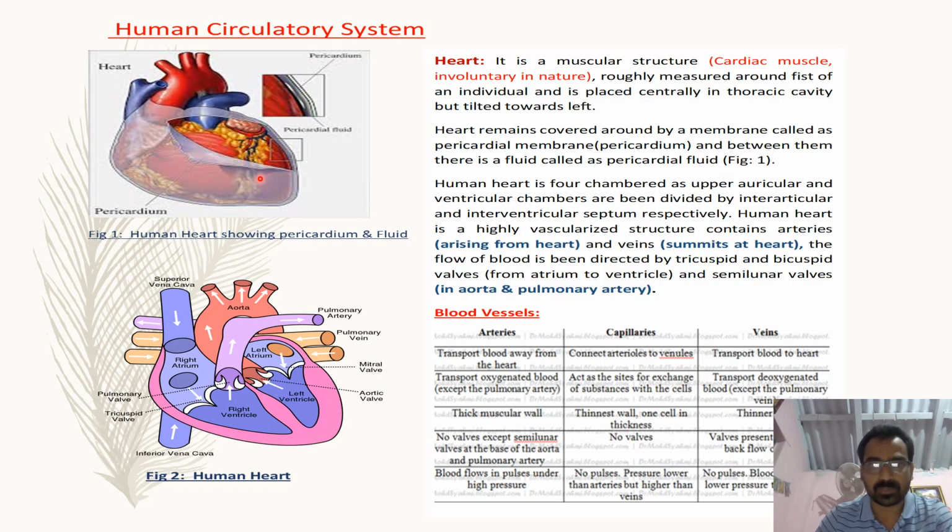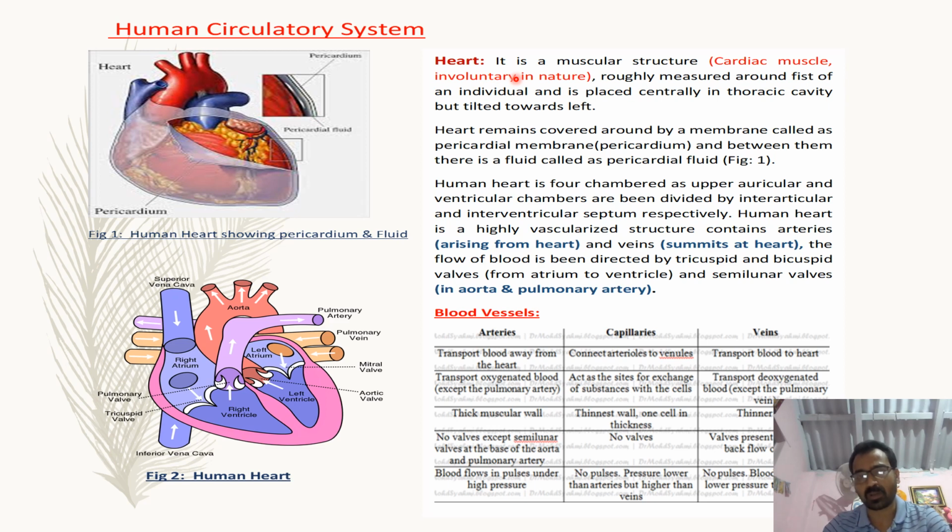Now we will try to understand the human circulatory system. The human circulatory system has different components that we learned in the previous slide. It has a heart, which is a pumping organ, blood vessels, and blood. Our heart is a pumping organ.